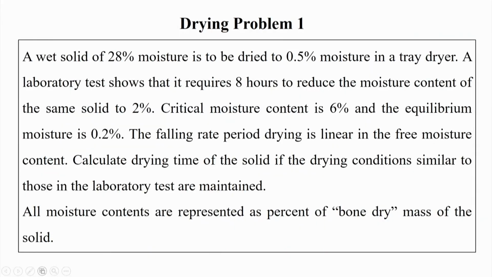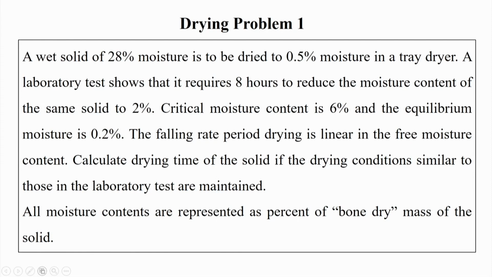The falling rate period is linear, meaning the rate is proportional only to the free moisture content. Calculate the drying time of the solid if the drying conditions similar to those in the laboratory test are maintained. All moisture contents are represented as percent of bone dry, that is, on a dry basis, of the solid.